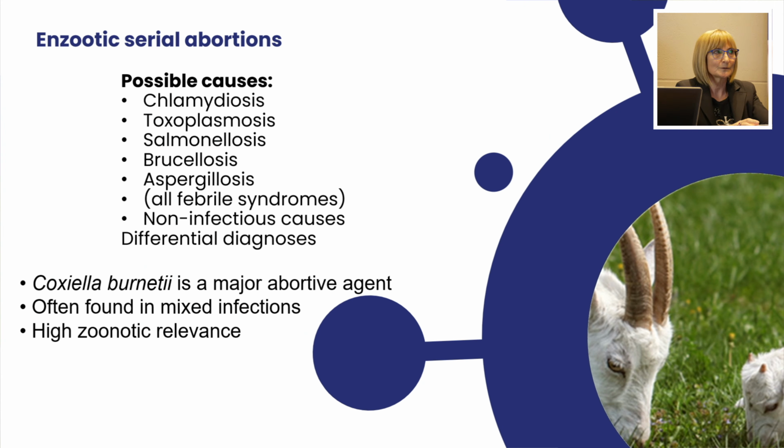The most frequent are, for example, chlamydiosis, toxoplasmosis, salmonellosis. In some areas there is also brucellosis, aspergillosis, and all febrile syndromes. Obviously, we have to consider also non-infectious causes and all the differential diagnoses, because Coxiella can often be found also in mixed infection.